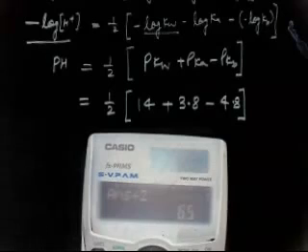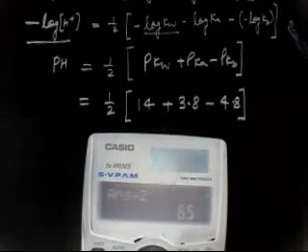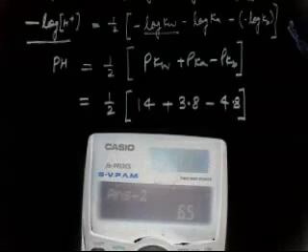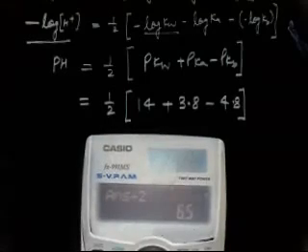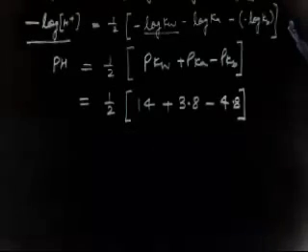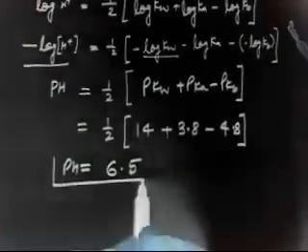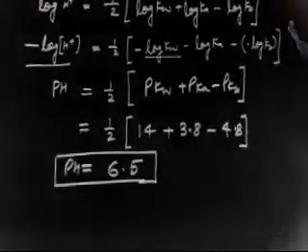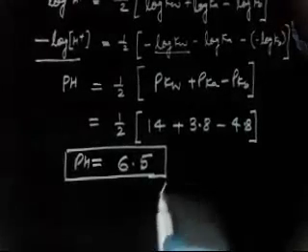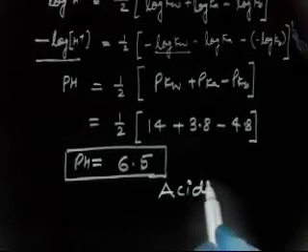So we will have 6.5. So the final pH is coming out to be 6.5. That is slightly acidic. Are you getting? So this solution is slightly acidic.